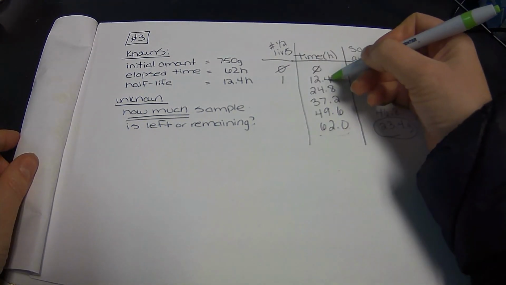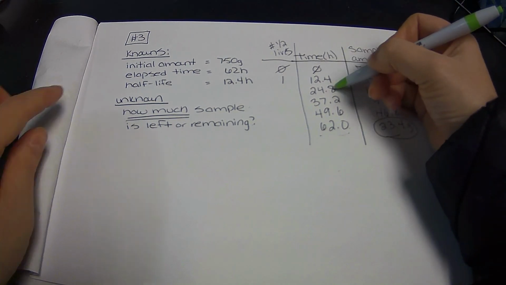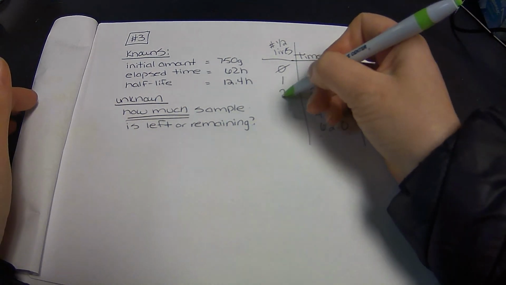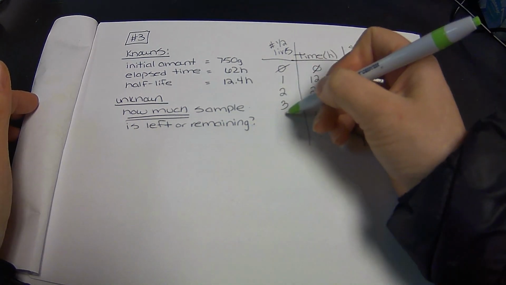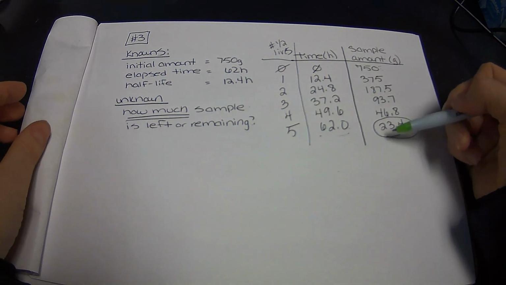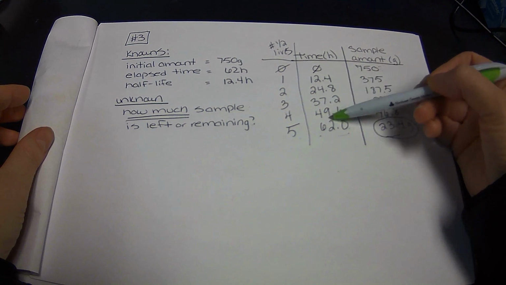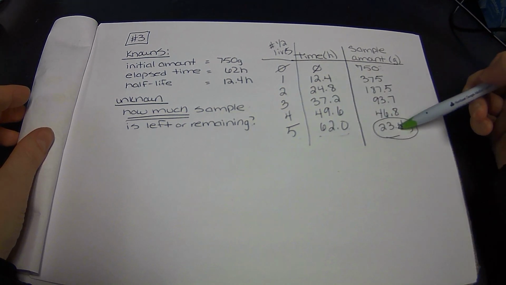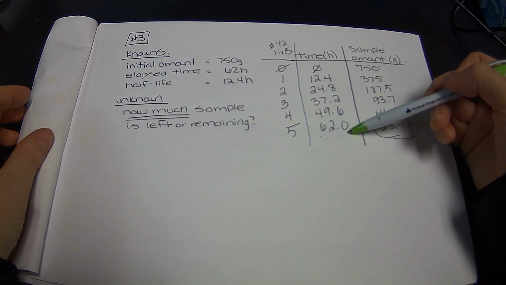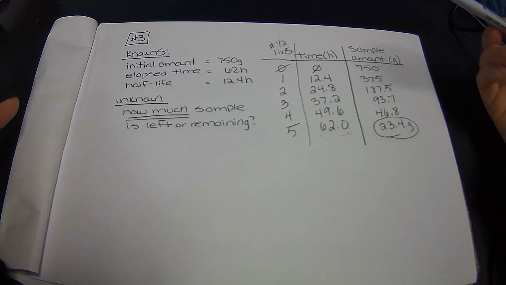Then for each time we halved our sample, or we added the elapsed time for the half-life of 12.4, each time we did that, a half-life had gone by. So another way you could phrase this is after 5 half-lives, 1, 2, 3, 4, 5, 23.4 grams of your sample remain. And it took 62 hours to reach 5 half-lives, or for 5 half-lives to have elapsed.